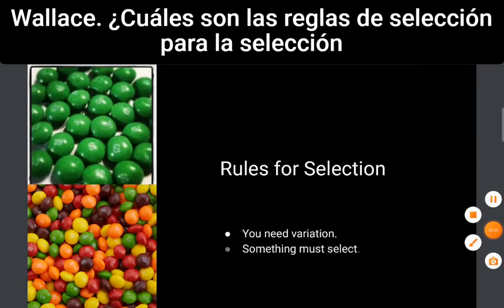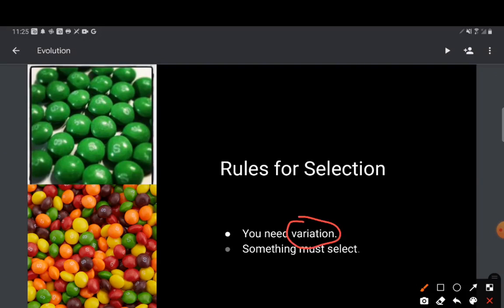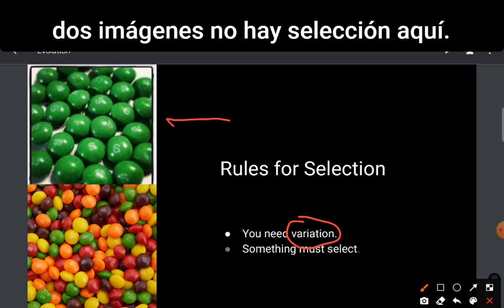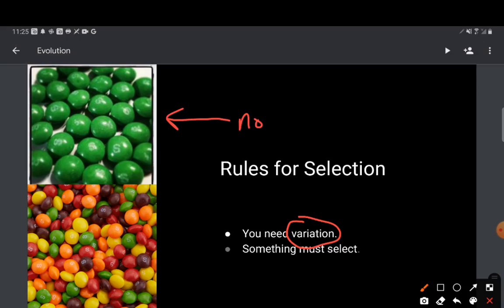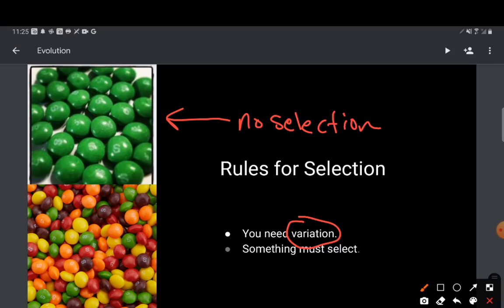What are the rules for selection? For selection to begin at all, you need variation. Without variation, there is nothing to select from. In these two pictures, there is no selection here. There's nothing to choose from, only green.